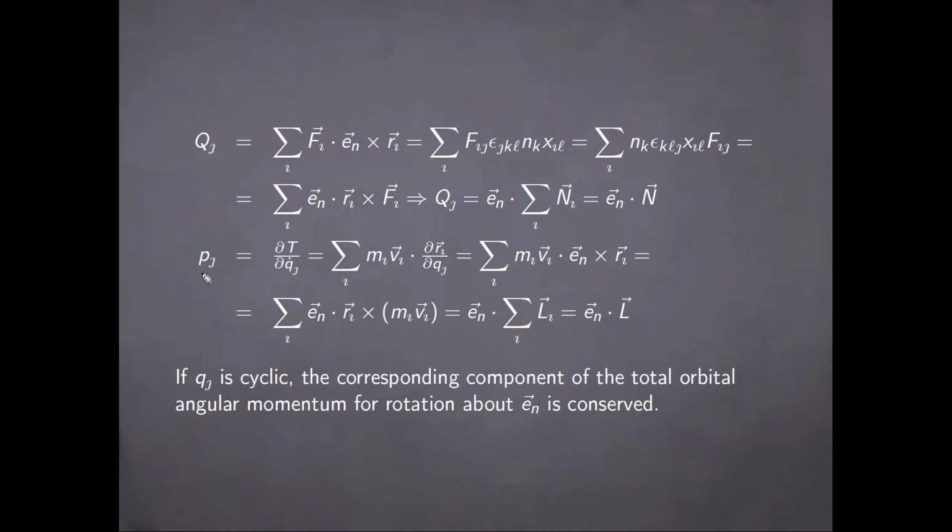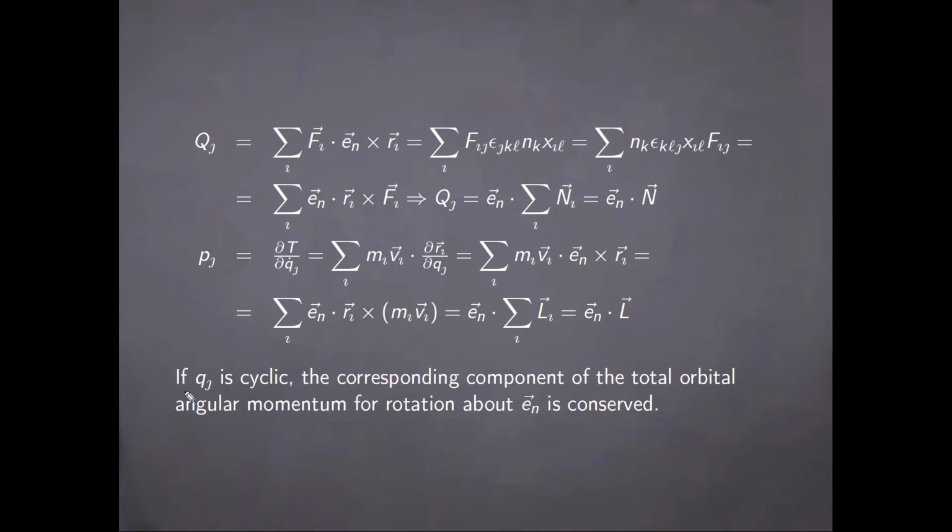We know the definition of the canonical momentum Pj as being the one given here, and we've just calculated that this derivative is given by the expression here, and by using the same technique that was illustrated above, we can perform a permutation of the vectors in this mixed product to obtain the result here, which is just the dot product between the direction of rotation and the orbital angular momentum of the system.